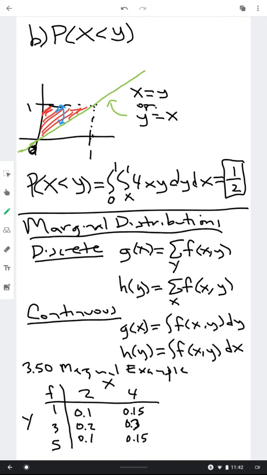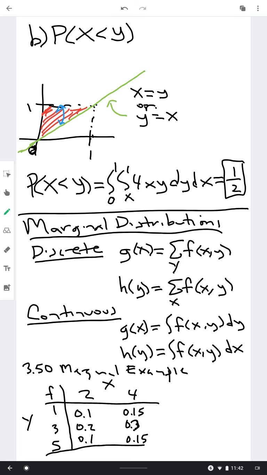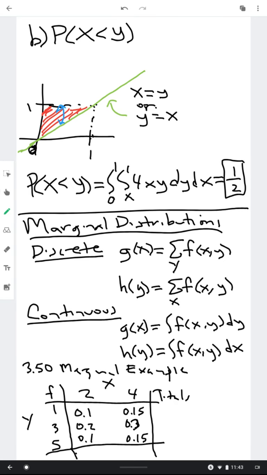Okay, and we want to find the marginal distributions of x and y. What that literally means is, if you remember the example we did with hypertension and heavy smokers and moderate smokers, we had subtotals on the side. What we're going to do is the same thing, totals.